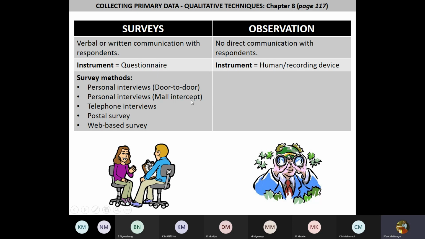In the slide here, you've got mall intercept as well. The word intercept means you intercept them in the street or anywhere you meet them. Some research textbooks refer to this as an intercept interview rather than mall intercept.